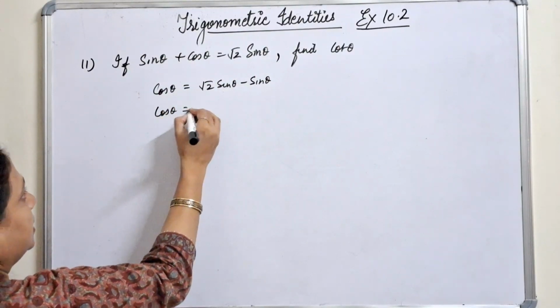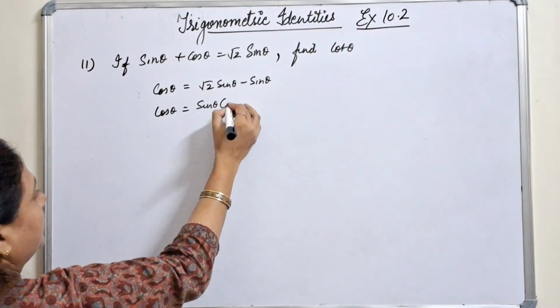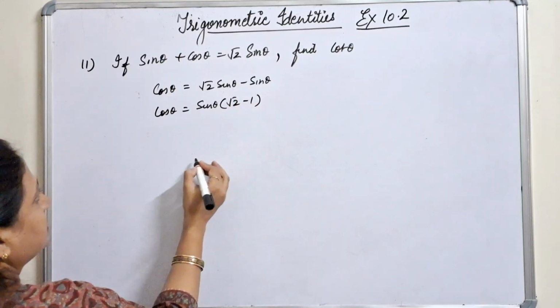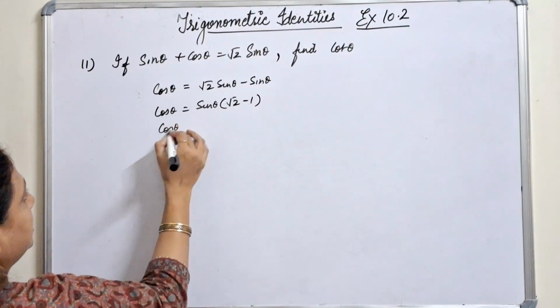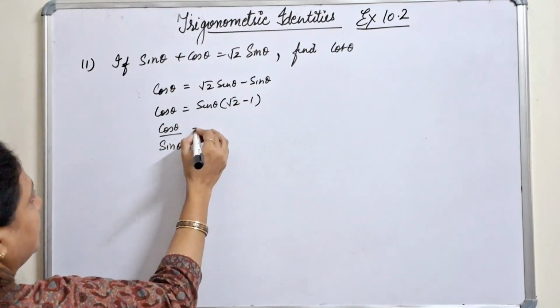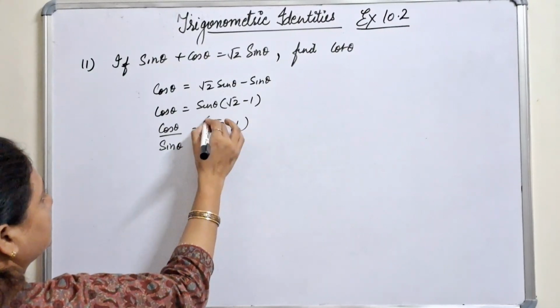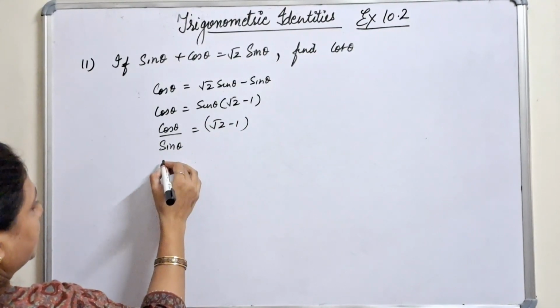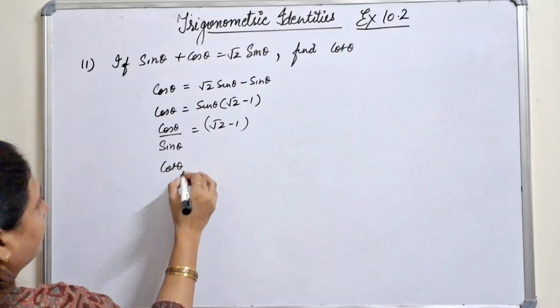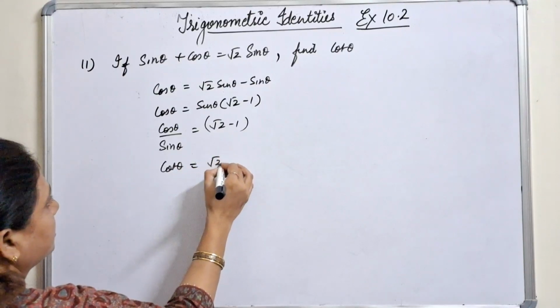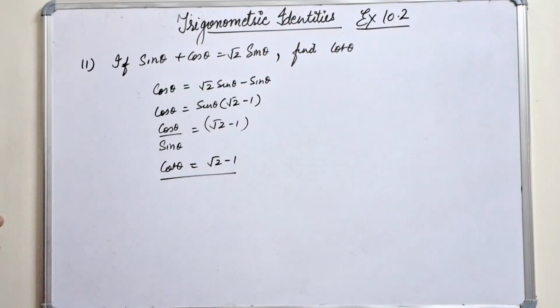So in cos theta, sine theta is common, so root 2 minus 1. So cos theta upon sine theta is equal to root 2 minus 1, and cos theta upon sine theta can be written as cot theta, and the value of cot theta is root 2 minus 1.